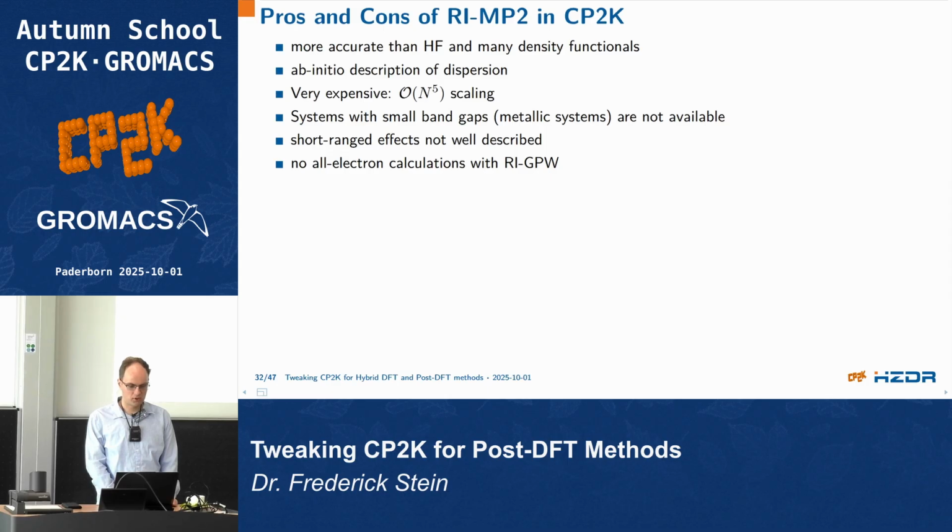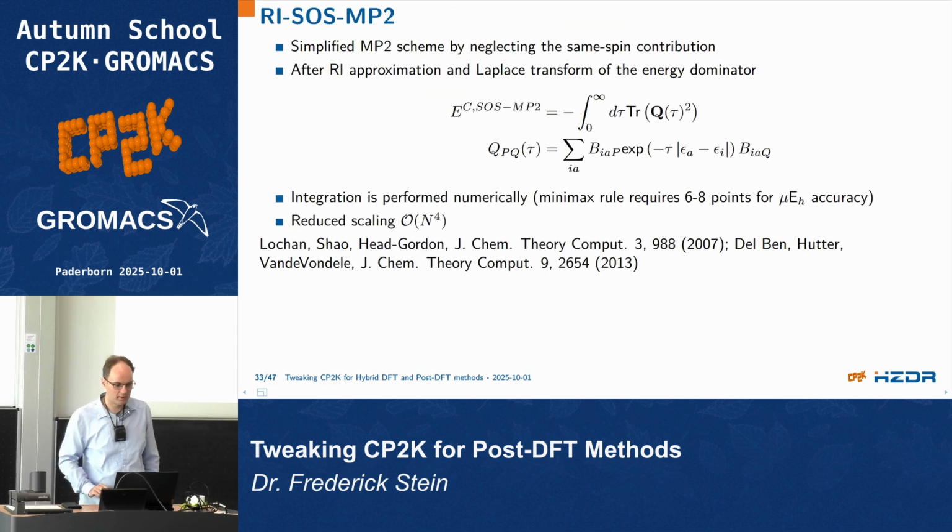There are a few systems which cannot be described, namely metals, as then the orbital energies turn to zero, and quite often short-range effects are also not well described. That's related to the lower order of perturbation theory. And in case of RI-MP2, you cannot use all-electron calculations, but I think that's probably something you don't want to do either.